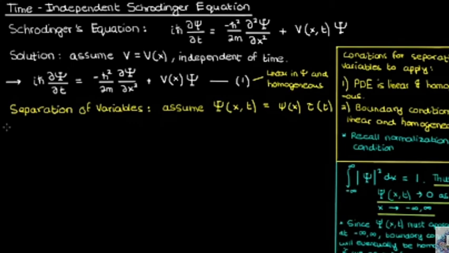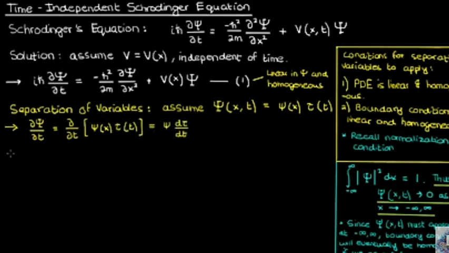Now we have established that separation of variables is valid and applicable in the context of this equation. Let us use it to solve our PDE. We will start by finding the time derivative of our separable solution. The time derivative of psi is the time derivative of small psi times tau, but since small psi is constant in time, we can take out small psi times the ordinary derivative of tau with respect to t.